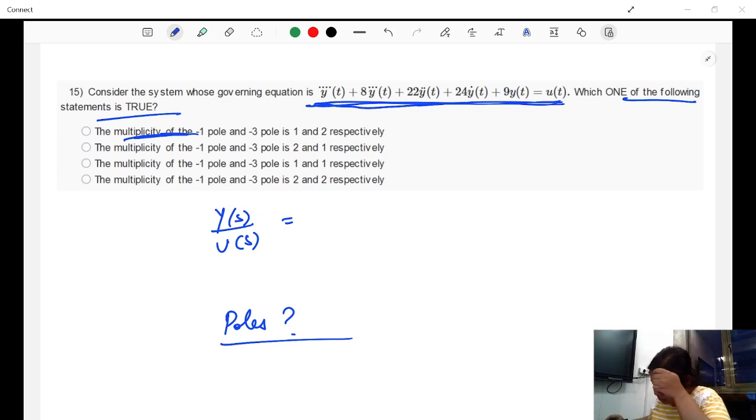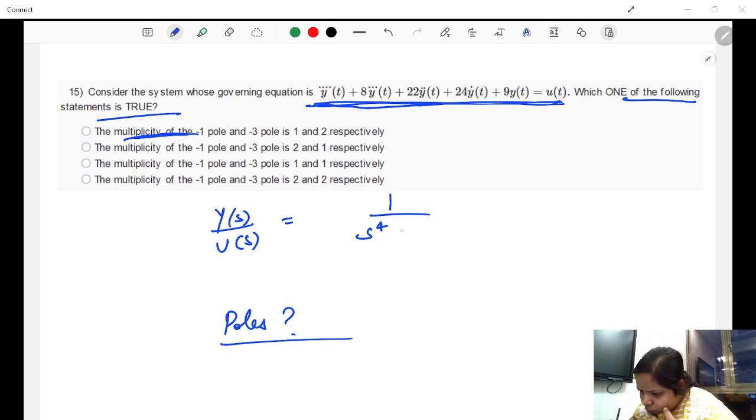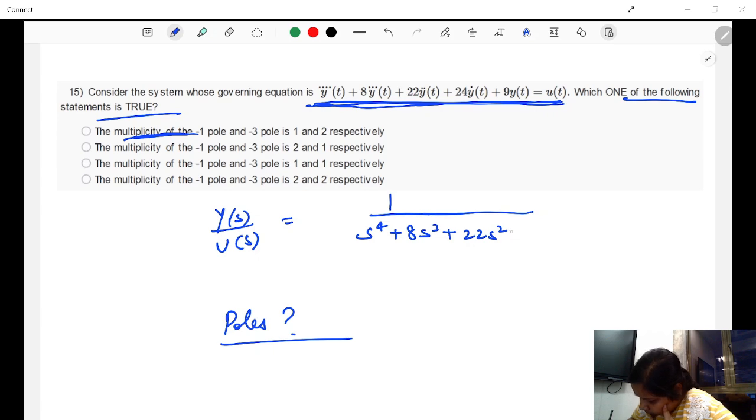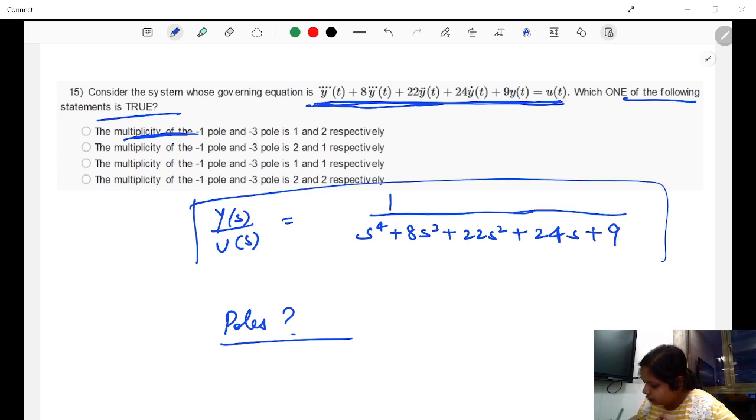Else I'll solve. 1 upon s power 4 plus 8s cube plus 22s square plus 24s plus 9. Very good. So this is the transfer function.